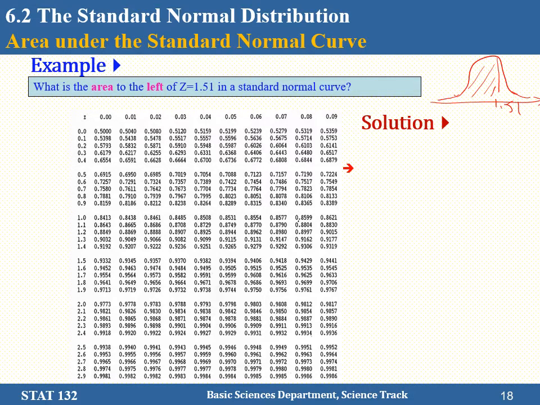What we have to do is find 1.5 here, because 1.51 makes two components: the first part 1.5 and the other part 0.001, and then you will find the corresponding number here. So you can directly say the area to the left of z equal to 1.51 is 0.9345.